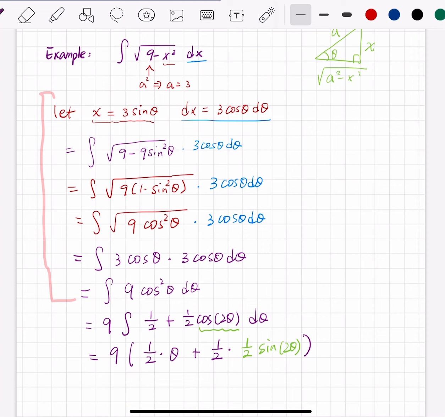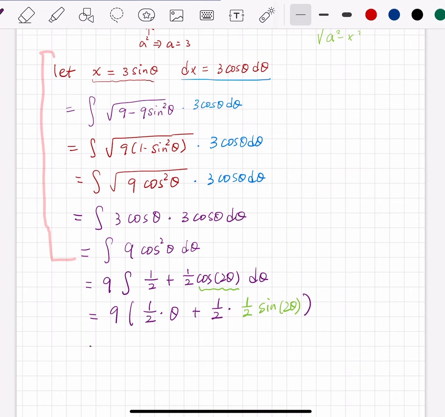Putting everything back together, we got 9/2 theta plus 9/4 sine of 2 theta. And then I'm going to keep rewriting it using the identities.